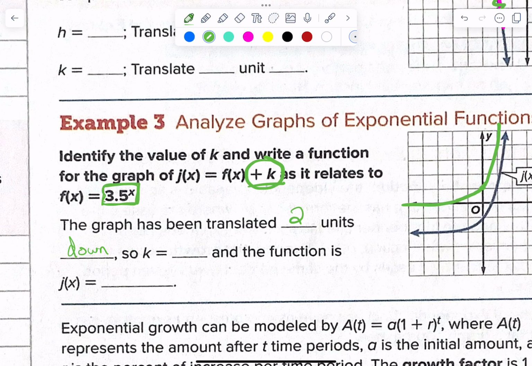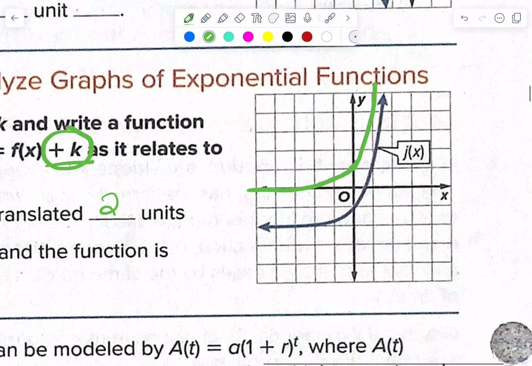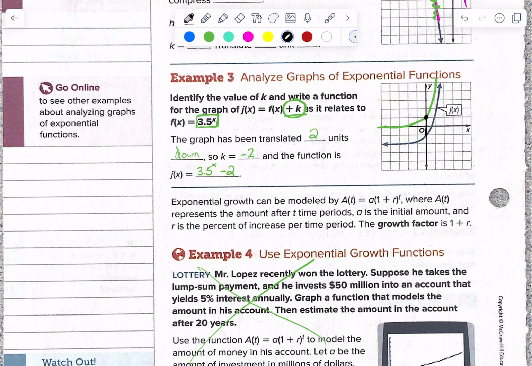So k equals -2, and the function is 3.5 to the x power, and then -2. Translated down 2 units, there he is. I always go off of this point right here, this little dot. He has moved down 2 units, so we're good to go. Okay, that was 3.